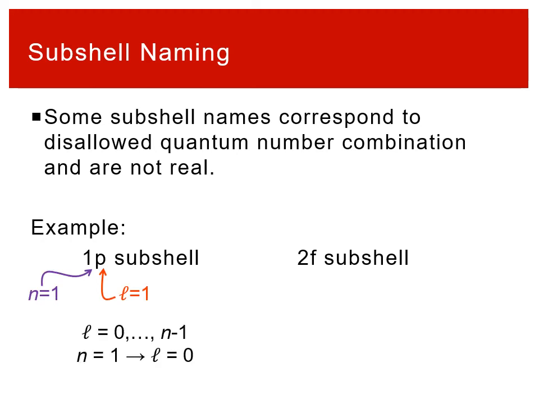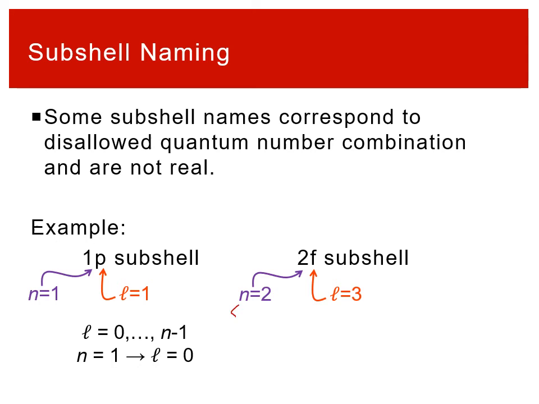But the thing is, the possible values of L go up to N minus 1. So if N is equal to 1, 1 minus 1 is 0, the highest possible value for L is then 0. So 1p is impossible. The value for L must be less than the value for N. It can't be the same, and it can't be greater. So if we look at, for example, 2f, then N equals 2, L equals 3.